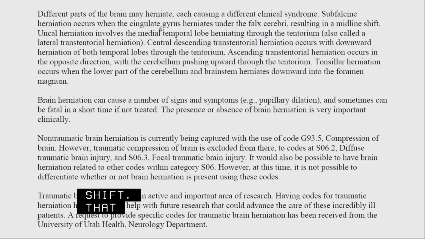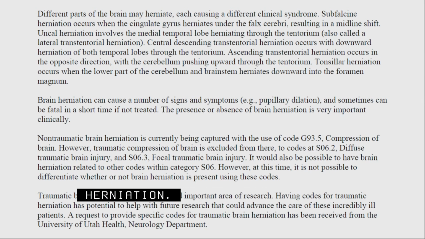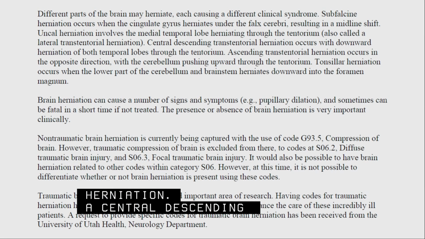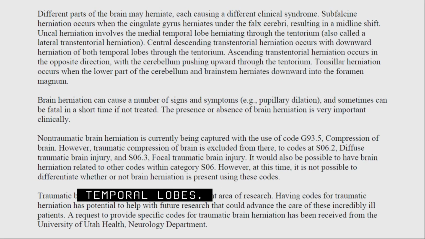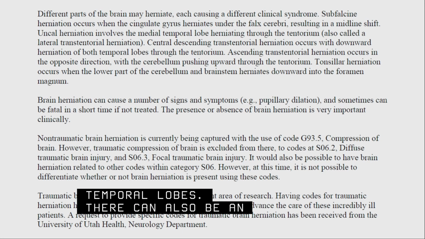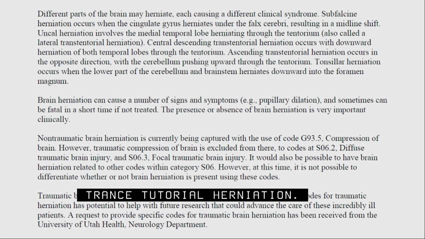This is also called a lateral transtentorial herniation. A central descending transtentorial herniation occurs with a downward herniation of both the temporal lobes through the tentorium. There can also be an ascending transtentorial herniation in the opposite direction with the cerebellum pushing up through the tentorium. A tonsillar herniation is what happens when the lower part of the cerebellum and the brainstem herniate downward into the foramen magnum.